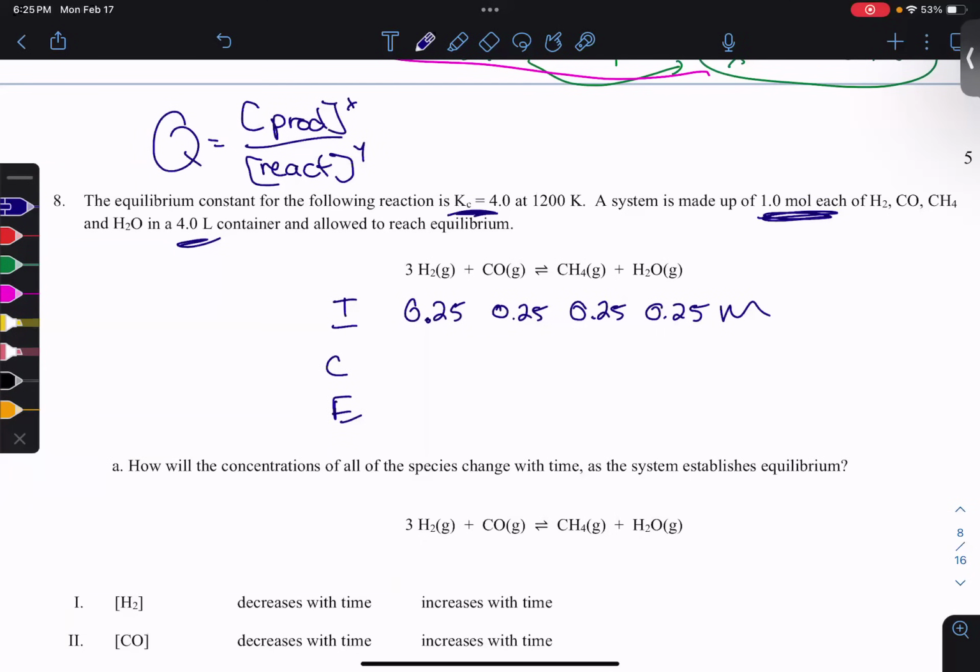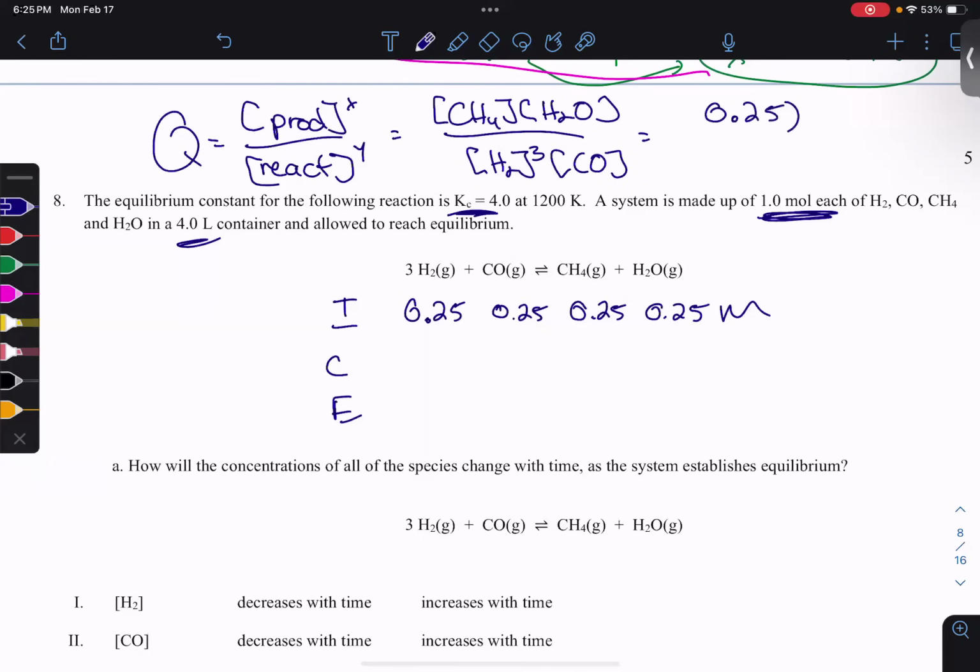So what I'm going to do is just plug these initial values into Q and compare it to K. Our Q or K expression is simply CH4, water, over hydrogen cubed, CO. So I'm going to put a bunch of 0.25s in here. So 0.25 squared over 0.25 to the 4th.